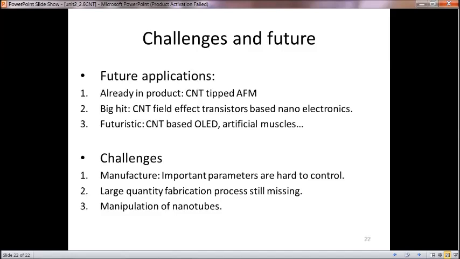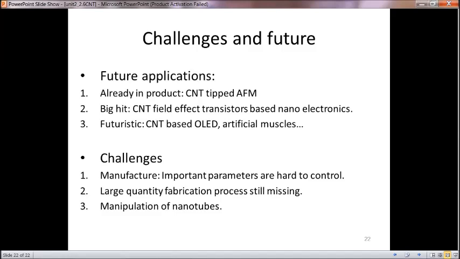Because these are nanomaterials, parameters with very accurate values have to be achieved. The large quantity fabrication process is still missing, as these are very costly, and manipulation of nanotubes requires more technical expertise. So these are the challenges and future applications with carbon nanotubes.